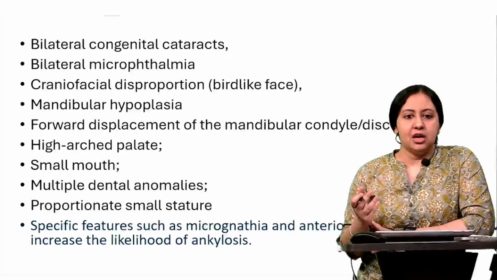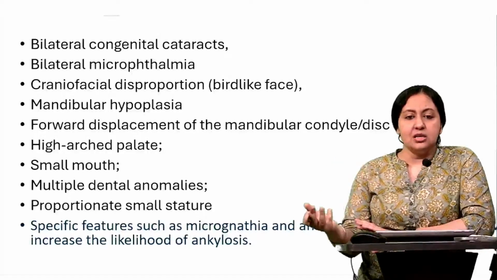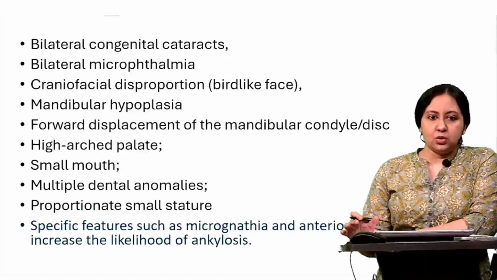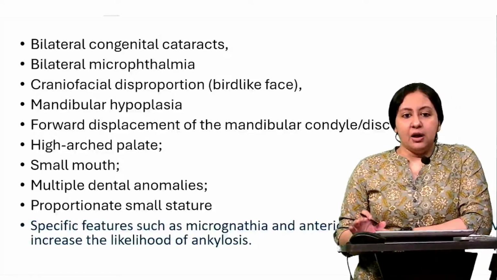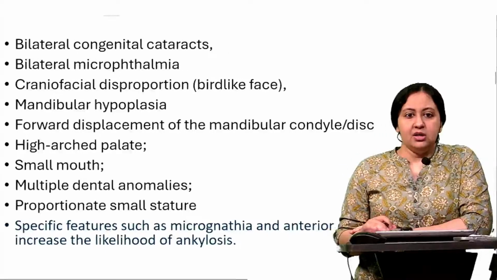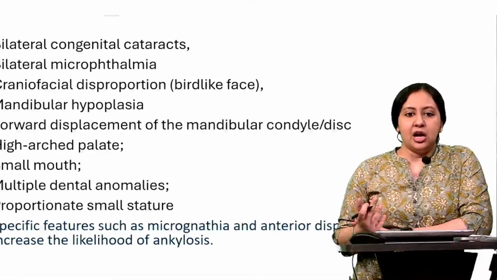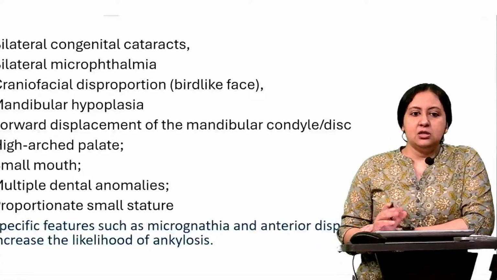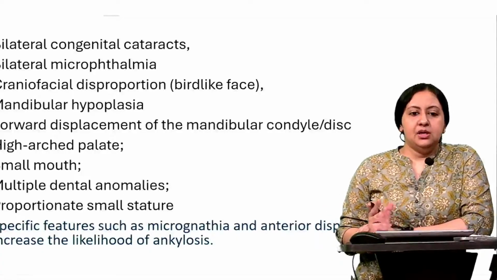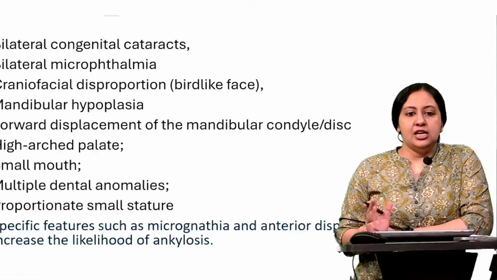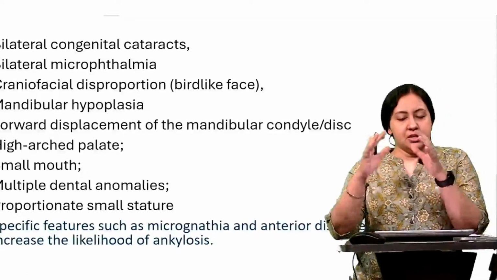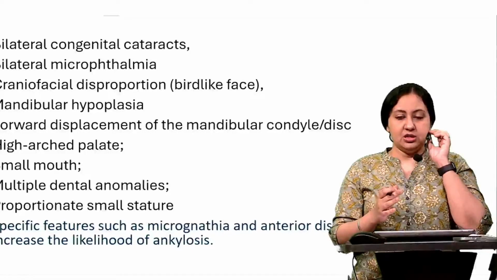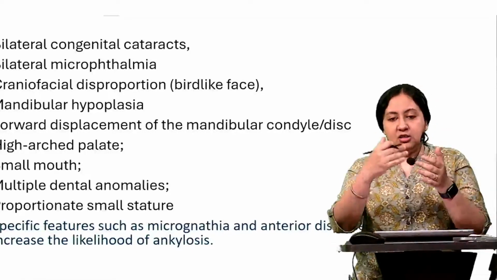Where do we see bird-like facies? In TMJ ankylosis also. Mandibular hypoplasia, forward displacement of the mandibular condyles or the disc, high arched palate, small mouth, multiple dental anomalies, proportionate small stature, that means the patient is going to be smaller in stature proportionately, that is throughout the body.